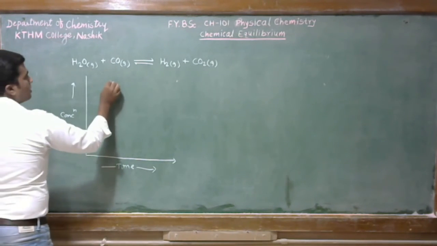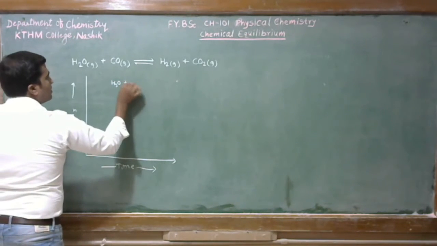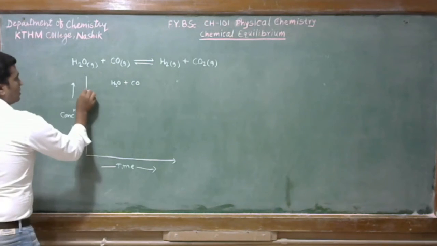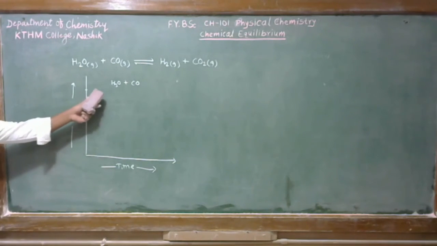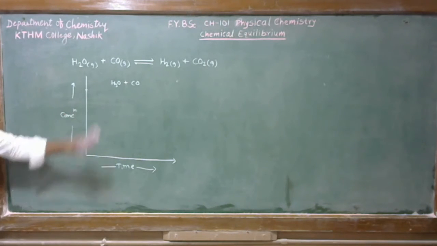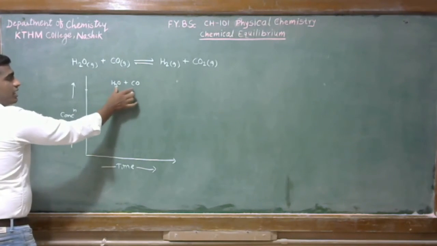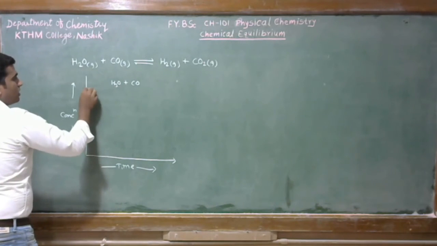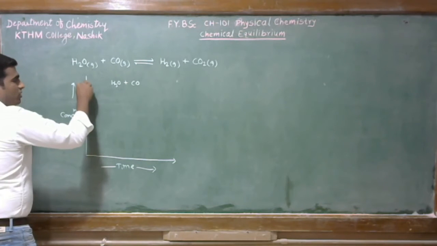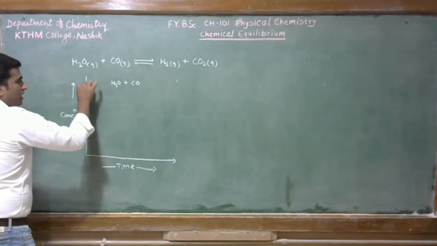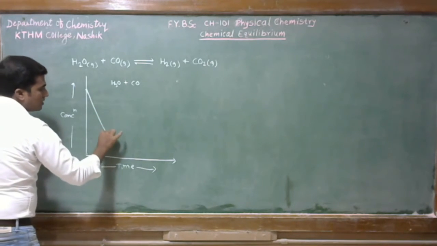Suppose this is the initial point, H2O and CO. Okay, when H2O gas and CO gas react with each other, the initial concentration of these reactants decreases like this.